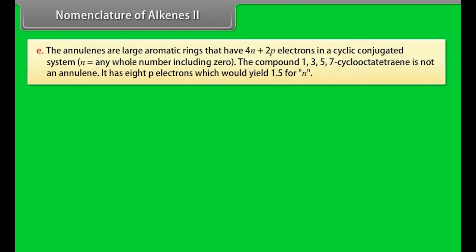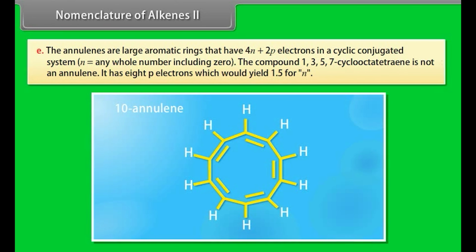That is, n is equal to any whole number including 0. The compound 1,3,5,7-cyclooctatetraene is not an annulene. It has 8 pi electrons, which would yield 1.5 for n. Structure of 10-annulene.